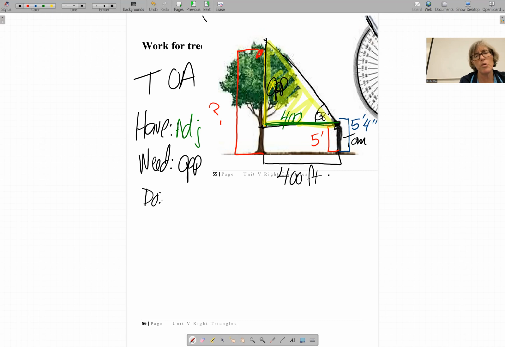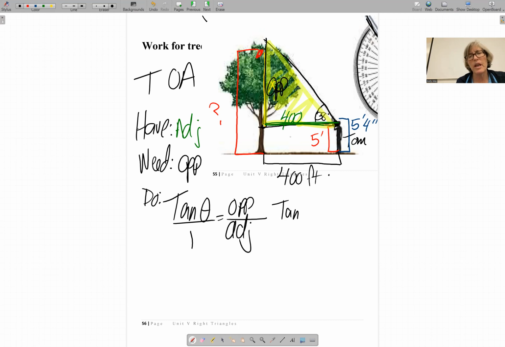What do? Tan of theta over 1 equals opposite over adjacent. Tan of 38 degrees over 1 equals opposite, which is our unknown, over adjacent, which is 400. Be careful. Again, don't touch the calculator. So your variable is completely by itself.